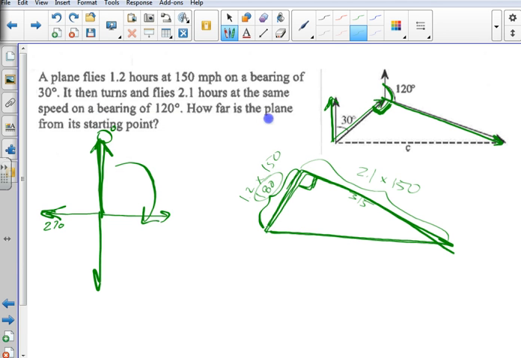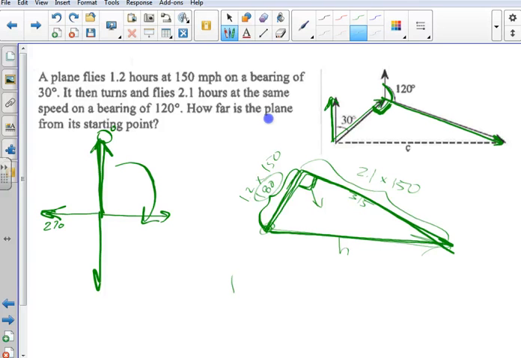Now, this is where he starts, this is where he ends. This is the hypotenuse, right? Opposite the 90-degree angle. So how far is the plane from the starting point? So that's what they want. They want this distance right here. Well, truth is I don't need any trig functions here because I can use the Pythagorean theorem.